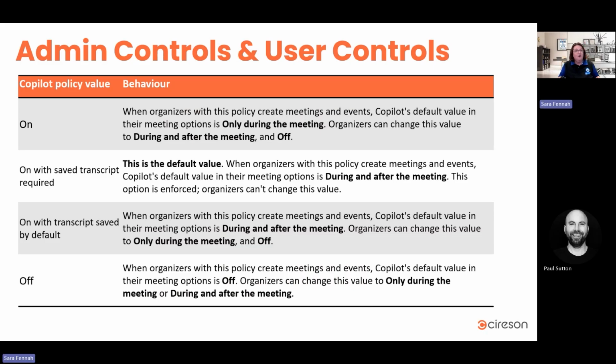If you have on with a saved transcript, which is the default Copilot value, and your transcription is on, then it will force your users to have the during and after the meeting option on in their meetings. So it doesn't give them enough flexibility to vary that setting if they're working with sensitive meetings.